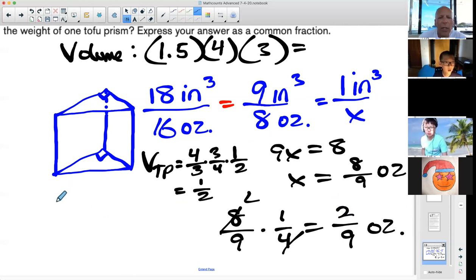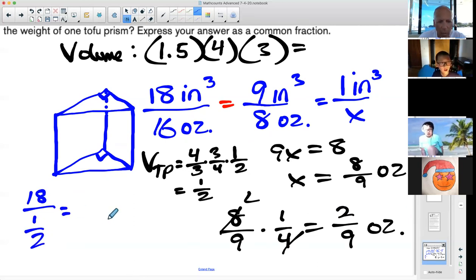Okay, so guys, you had 18 cubic inches, and it weighs 16 ounces. Now, what is 1/2 of 18, guys? A half of 9. 9.